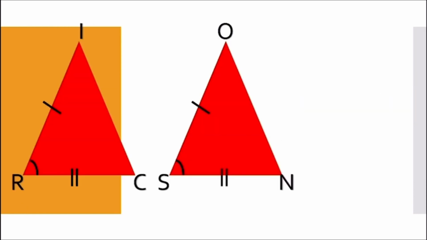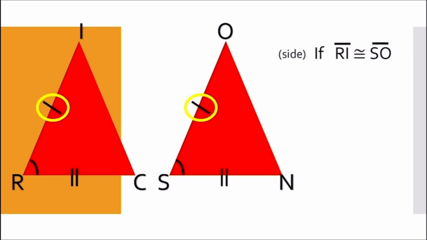In triangle RIC and triangle SON, we can pair the corresponding two sides and the included angle to illustrate that the two triangles are congruent by the SAS congruence postulate using an if-then statement. If line segment RI is congruent to line segment SO, which is our first pair of congruent sides.